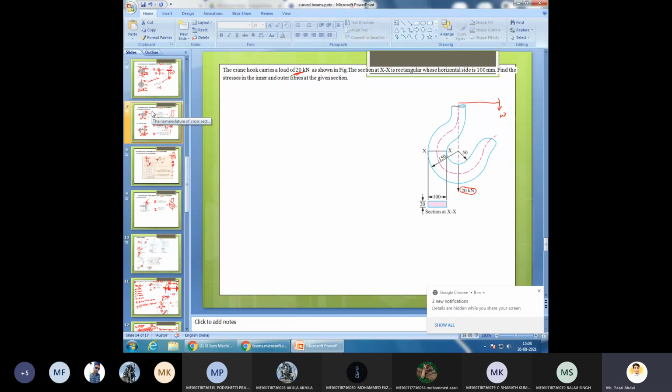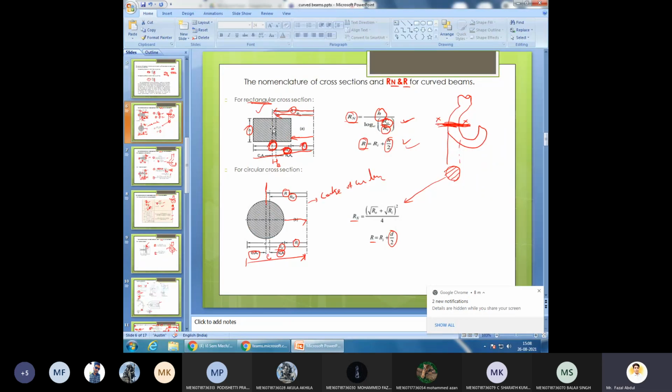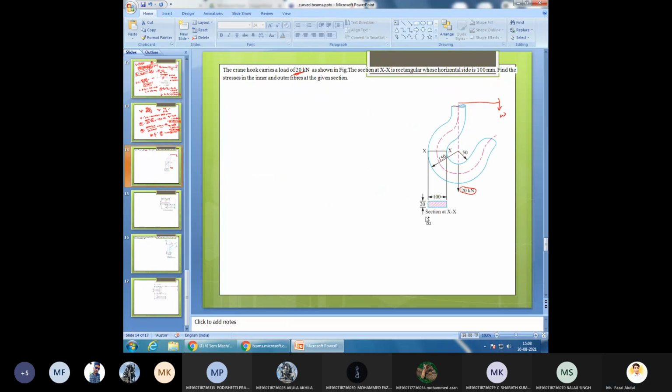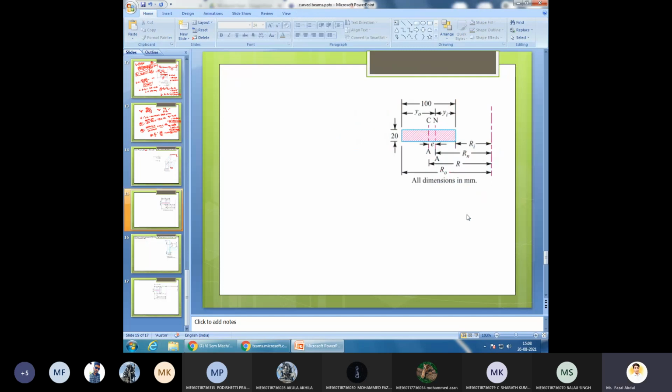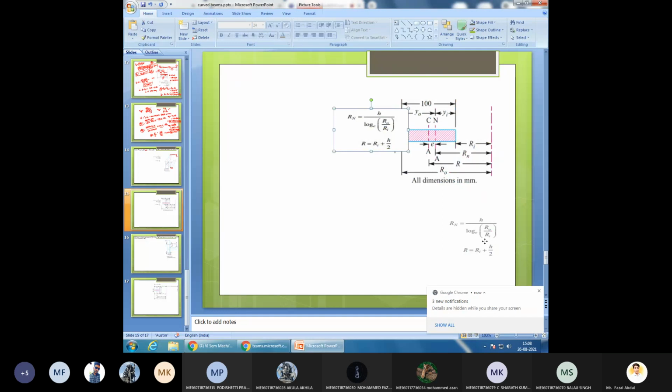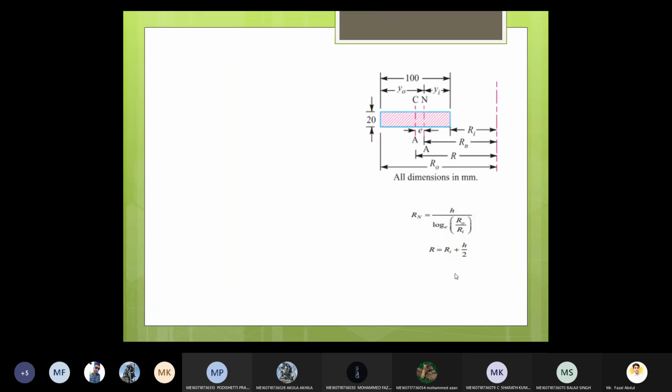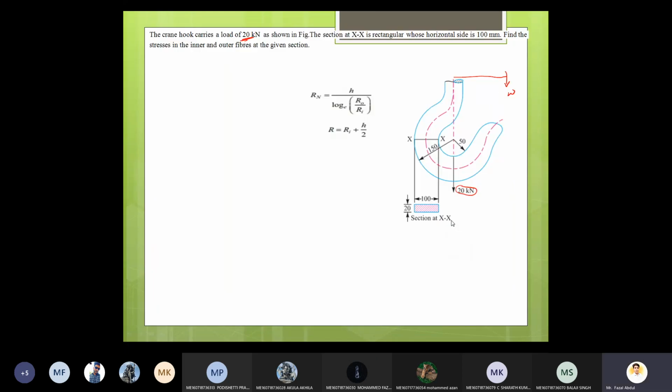So what are the rectangular equations? This is the rectangular portion. These equations I am taking. What is the first starting procedure? You have to draw its space diagram.